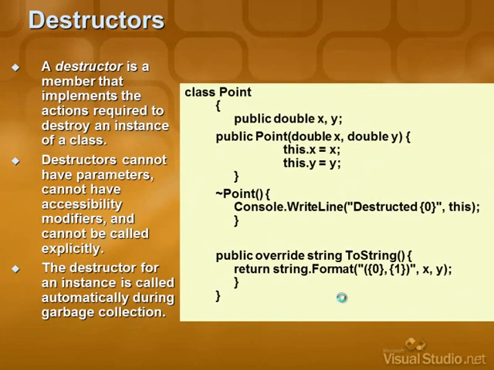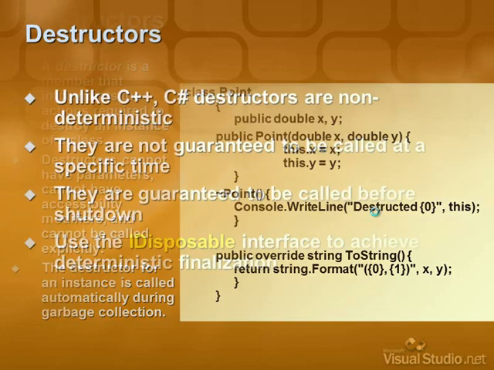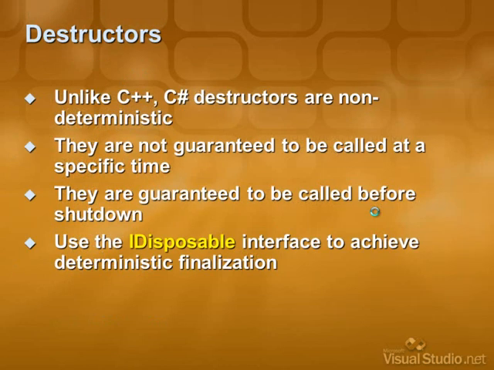So for example, now this is just an example, that's not a real use of it. You are just trying to print that the destructor is called. Now a very important thing: you don't have control over when the destructor is called. Like your C++, the destructor is non-deterministic.